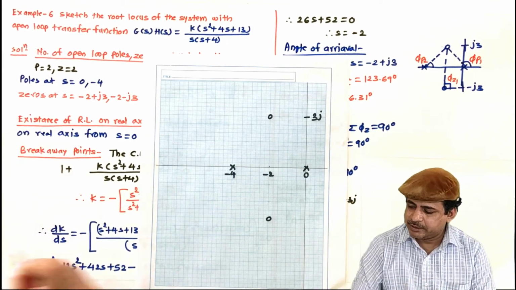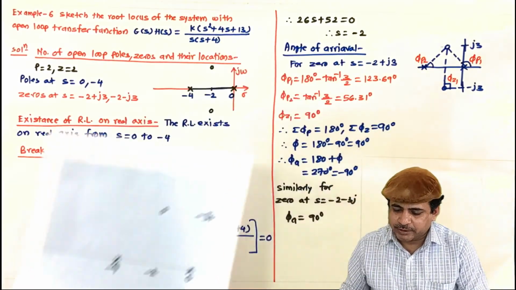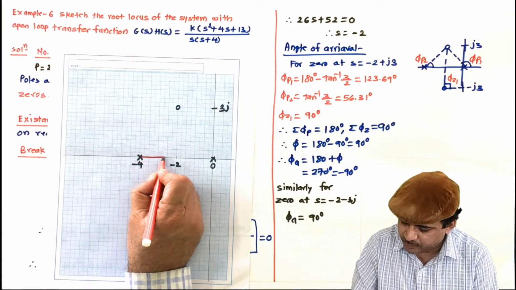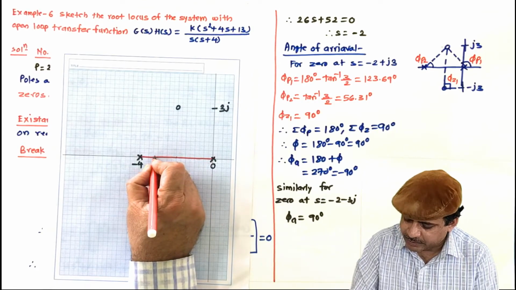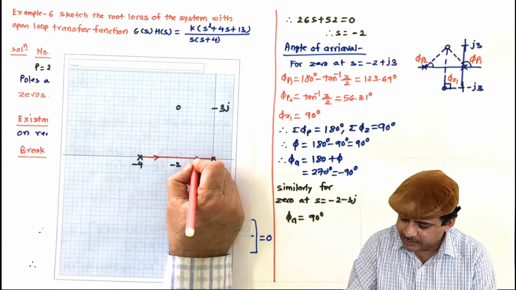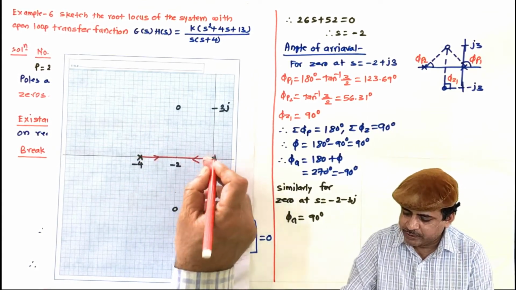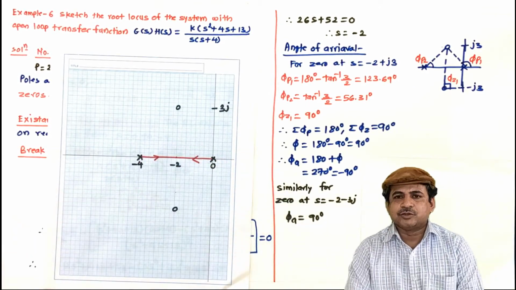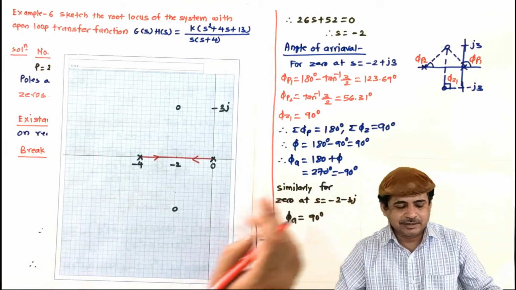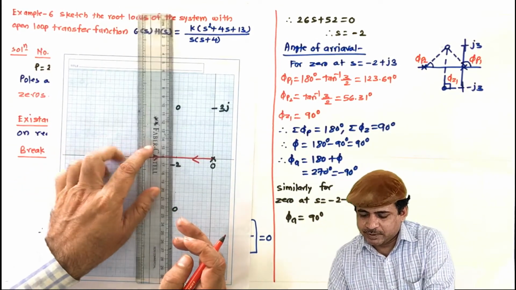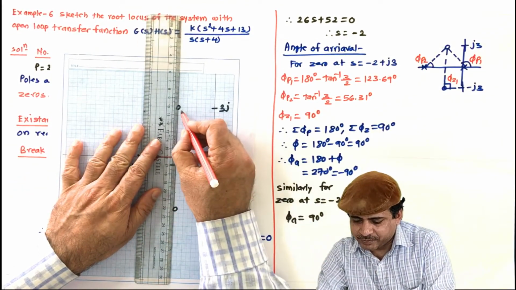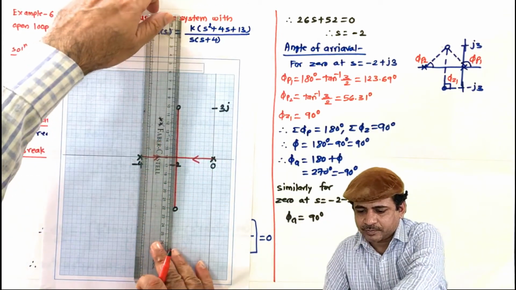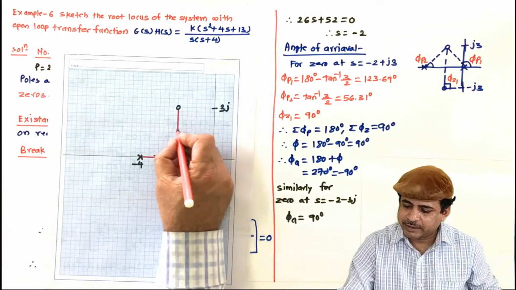And as we have seen, the root locus exists on the real axis from s equal to 0 to minus 4. So this clearly indicates, as K changes, one pole starts moving in this direction, the other in this direction, and at s equal to minus 2 they will depart, and the angle is 90 degree, so they will be departing directly like this with angle 90 degree.